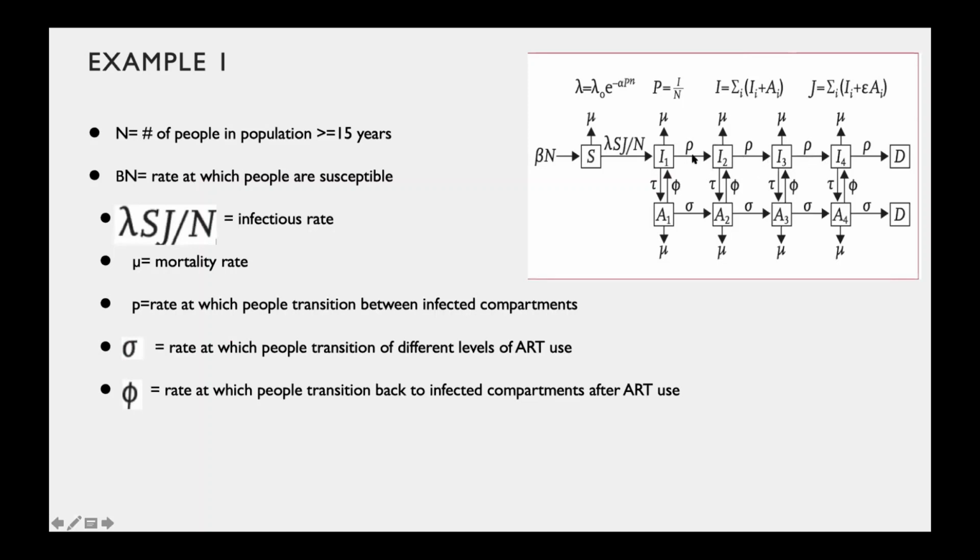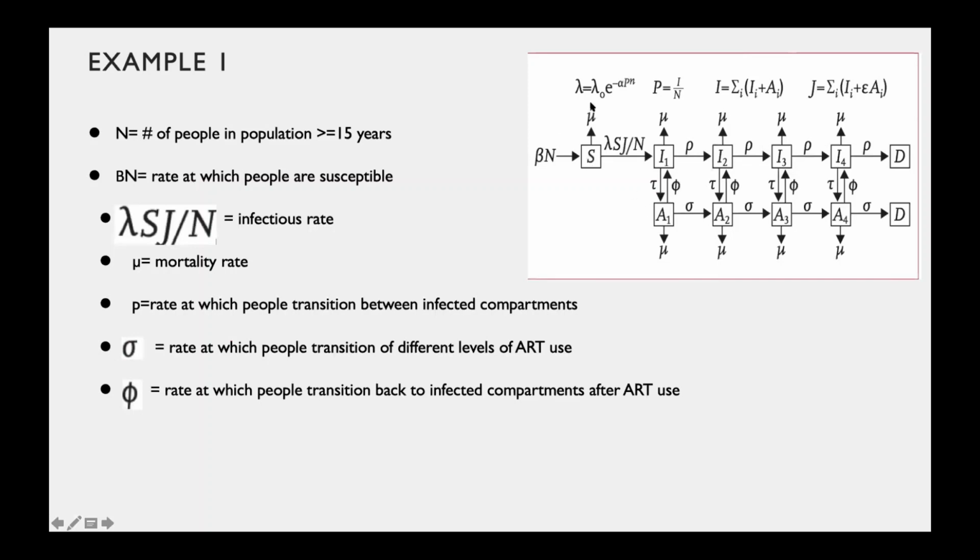We don't have to get into the details of that, but again, these are showing different levels of infection. And the ART, again, is different time points at which they have ART use. And the sigma figure here is the rate at which people transition from the different levels of ART use. And then this figure here is, again, the rate at which people transition from being infected after use of ART. So people are kind of moving in and out of these different boxes, and they're taking note of that.